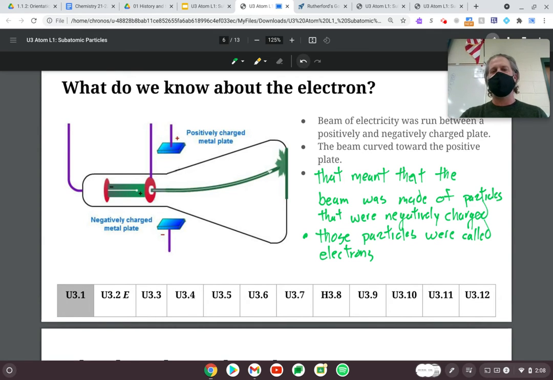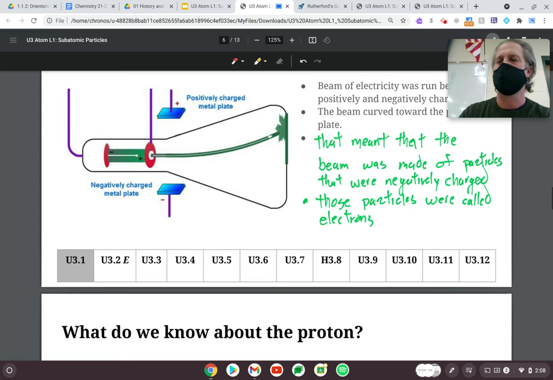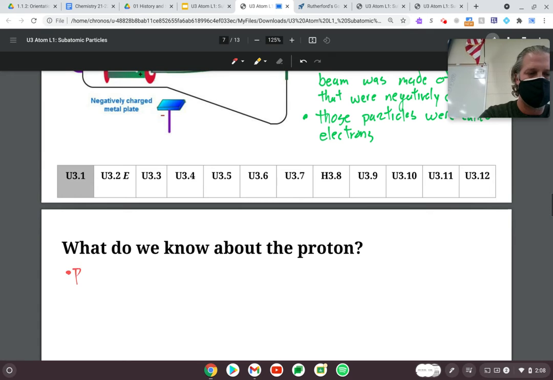Which then brings us to talk about, what do we know about our proton? So, what do we know about a proton? Positive. Protons are positively charged. What else do we know about a proton?